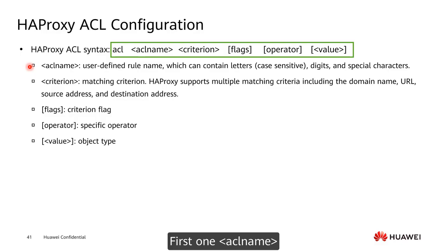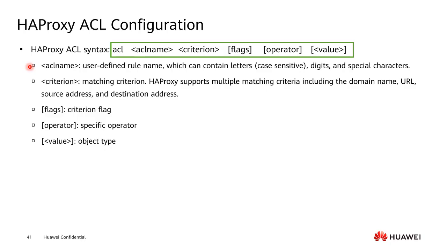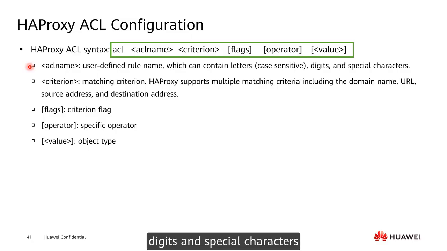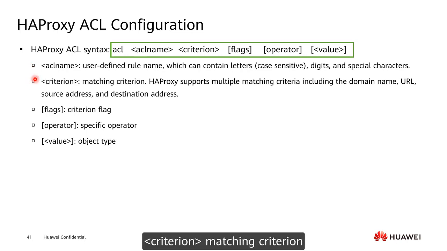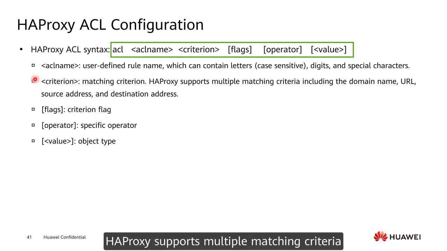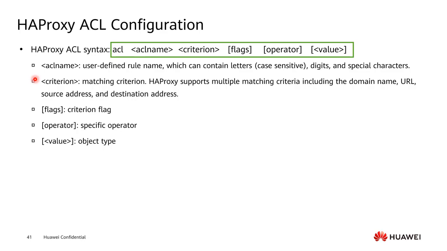First one, ACL name, a user-defined rule name, which can contain letters, digits, and special characters. Criterion, the matching criterion. HAProxy supports multiple matching criteria, including the domain name, URL, source address, and destination address.